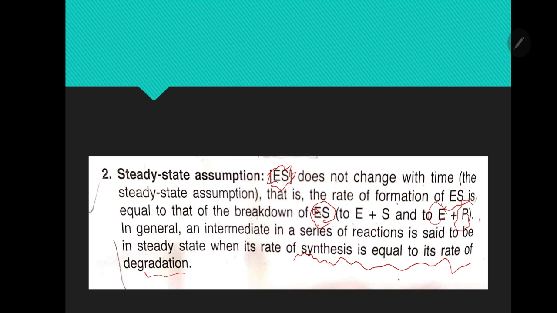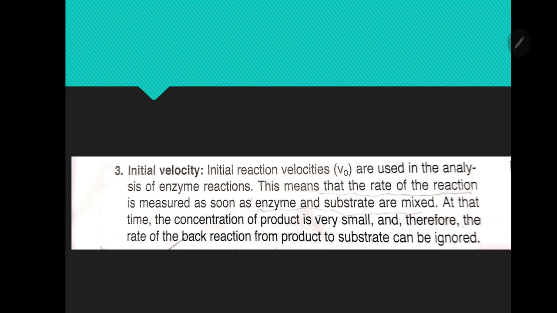Then initial velocity, V0. What is initial velocity? It is used in the analysis of a reaction. It indicates that the rate of the reaction is measured as soon as enzyme and substrate are mixed.